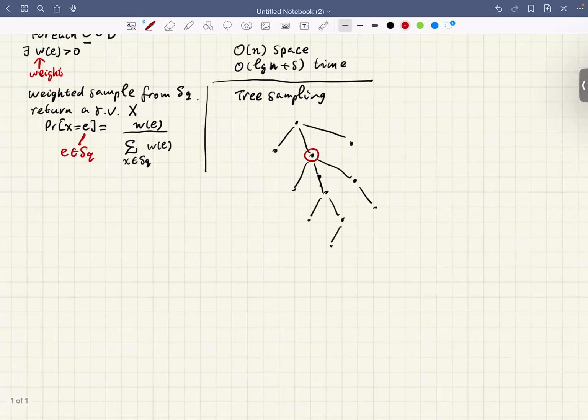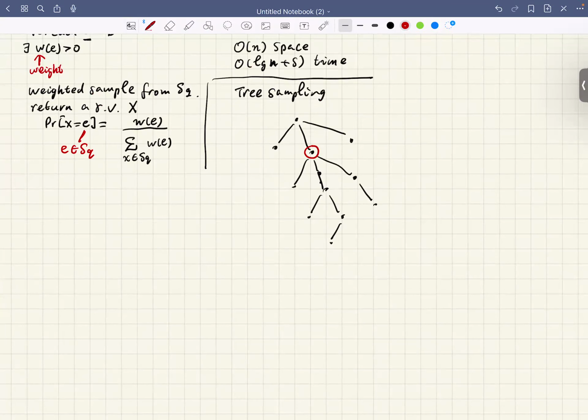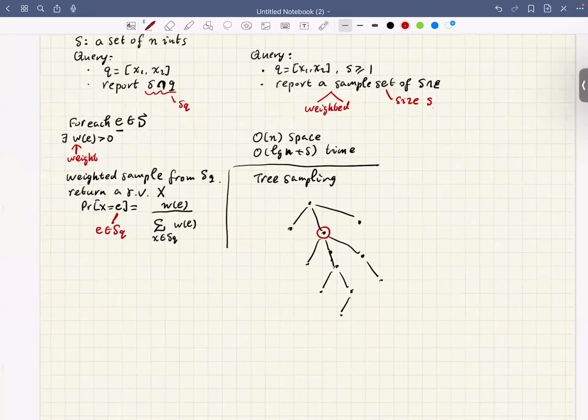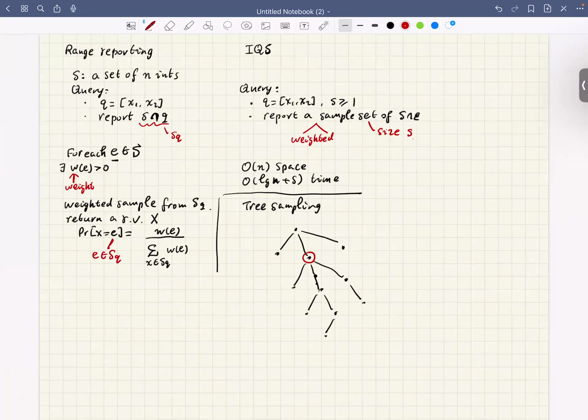So today my goal is to give you a tree sampling data structure that uses linear space and log n plus s. All right. So as mentioned, last time I provided a reduction. I said if you want to solve tree sampling, all you have to do is to solve a special version of the IQS version of 1D range reporting.